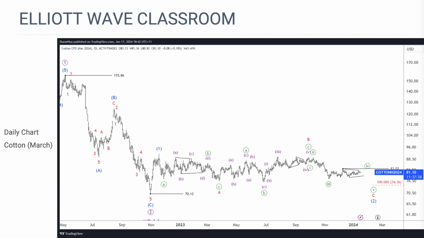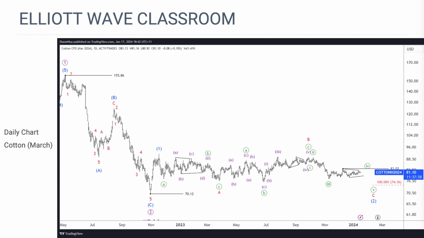And since the low of 70.12, I have wave 1 intermediate blue up, and now wave 2 intermediate blue down. Yes, the bear market lasts a long time. I call it complex style. Sometimes you will see the complex style in the fourth wave, but sometimes in the second wave. But it's not as important as the price action telling you that.